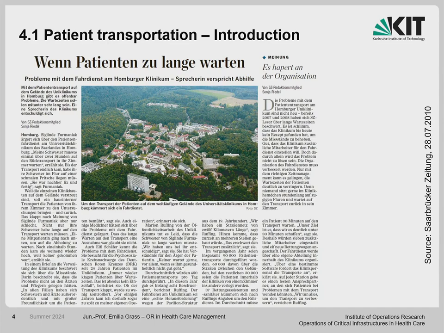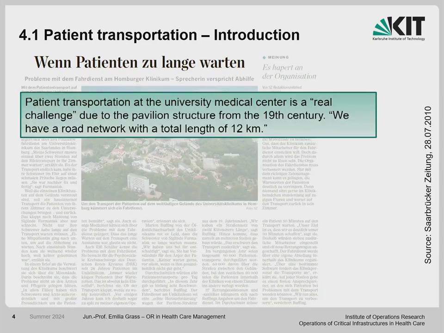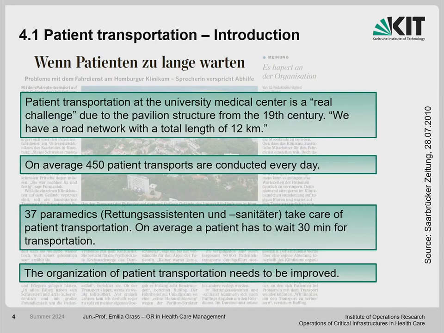But after that, you see this huge area with over 100 buildings, and patients have to be transported from one building to another. And this means we have a really challenging task, because we have this pavilion structure from the 19th century, over 100 buildings, and a road of 12 kilometers.